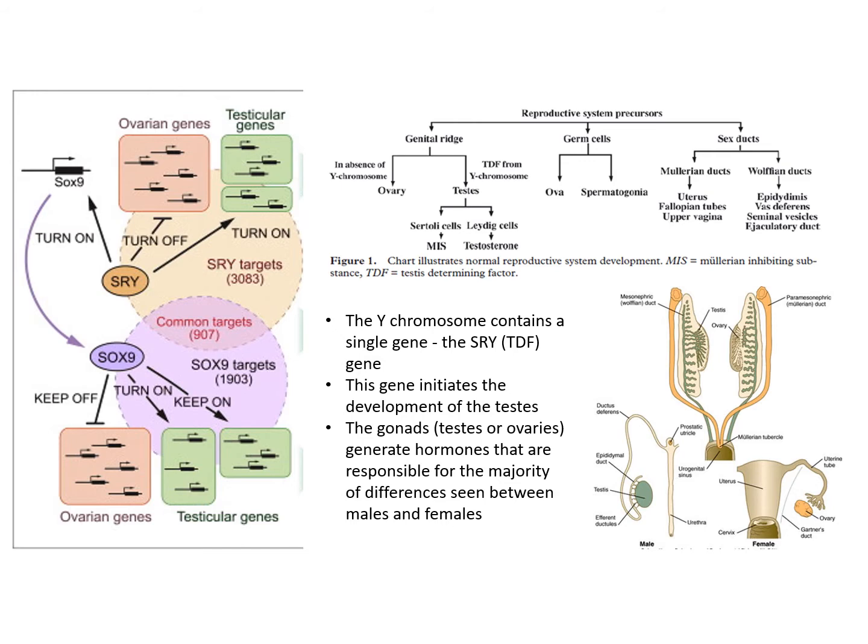So the diagram at the bottom right shows these two ducts. We have these Mullerian ducts, which are here, and also here. They're going to persist in the female, and you can see down the bottom that they're going to give rise to the uterine tube or fallopian tube, the uterus, and the upper part of the vagina.